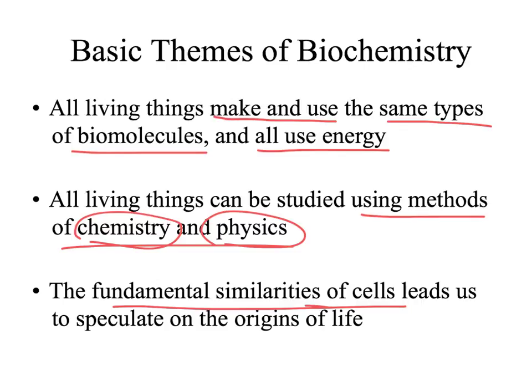Because there are some molecules that may play multiple roles, and there are other molecules that only participate in specific reactions. There are some reactions that take place in all cells, and there are other reactions that are only going to take place in specific types of cells. And we'll look at this as we move through the study of biochemistry.